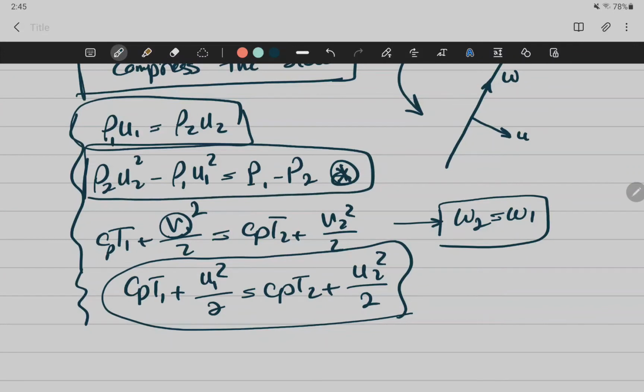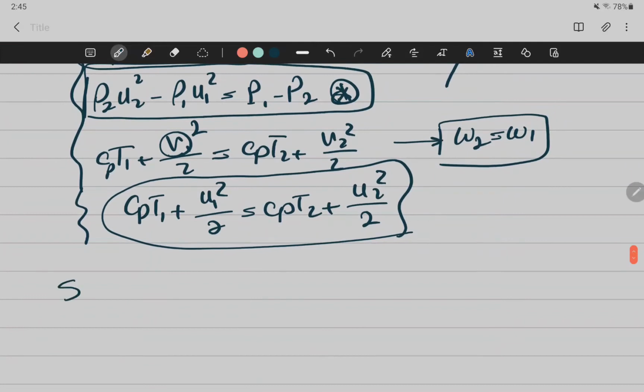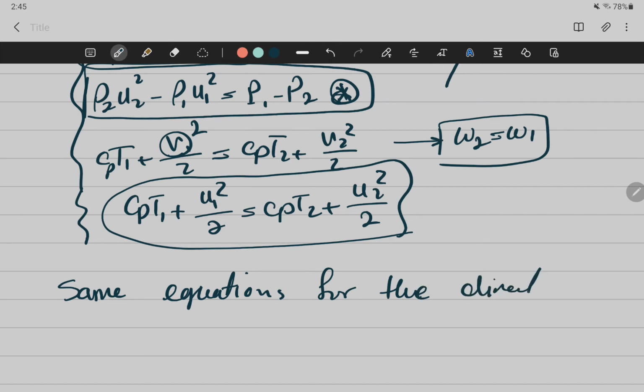So the equations in the direction that is normal to the shock wave are going to be exactly the same. So same equations for the direction that is normal to the shock wave.